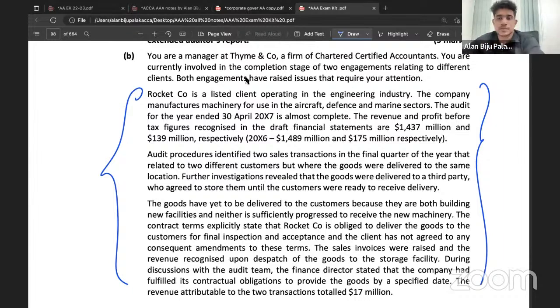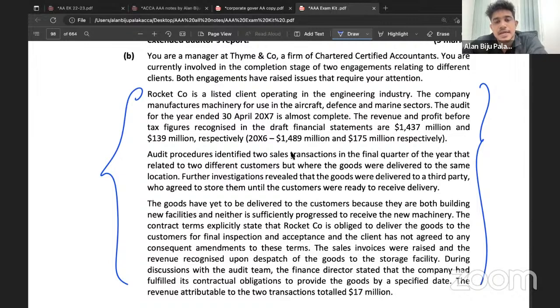Okay. So the company is manufacturing machinery for use in the aircraft, defense, and marine sectors. The audit for the year ended 30th April 2017 is almost complete. Revenue and profit before tax recognized in the draft financial statements are 1,437 million and 139 million respectively.